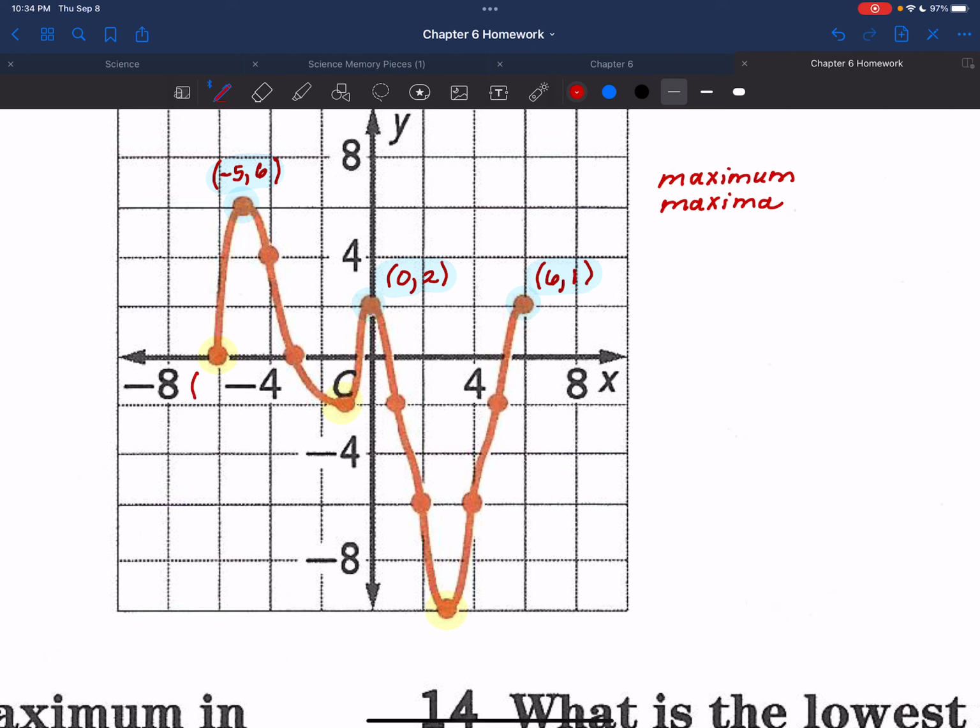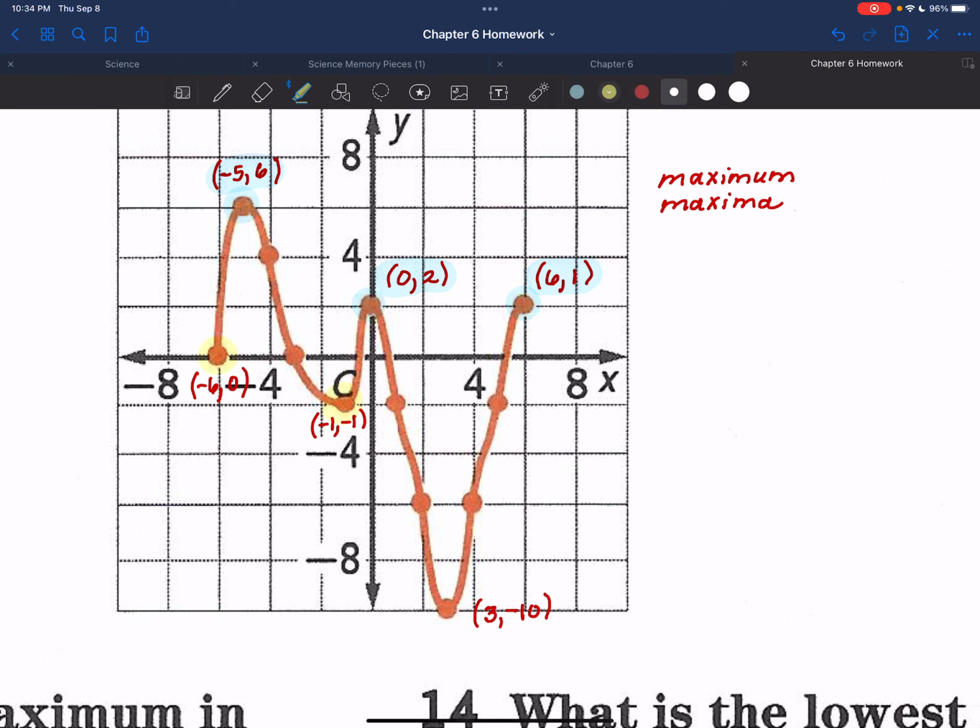So this one is at negative 6, 0. And then this one is at negative 1, negative 1. And this one is at 3, negative 10.